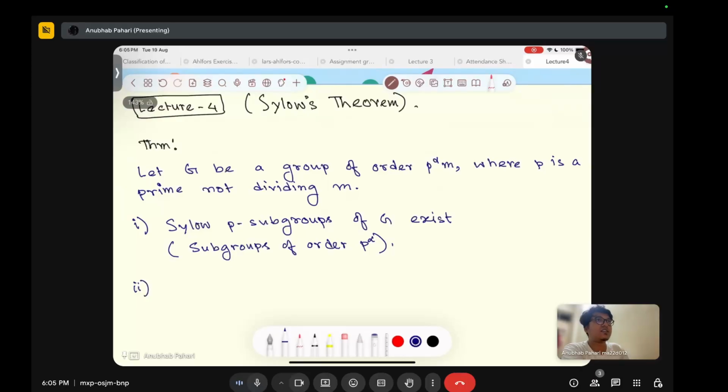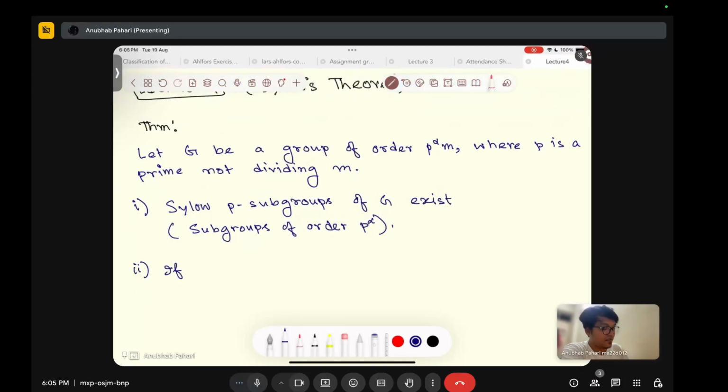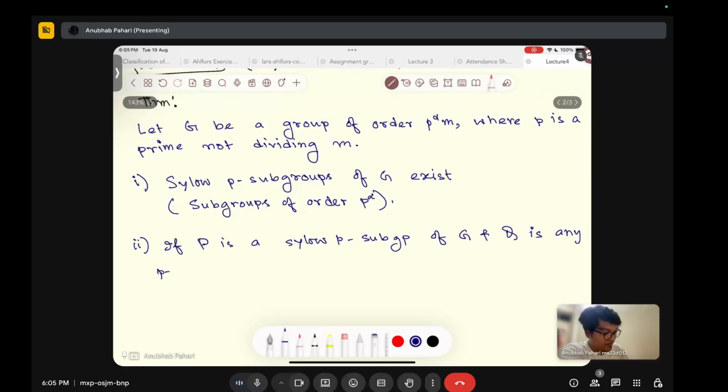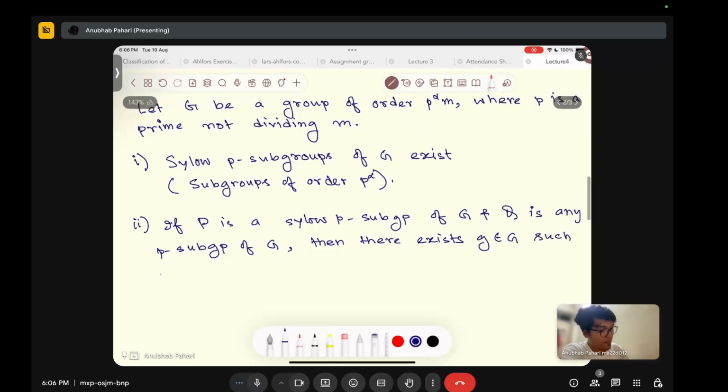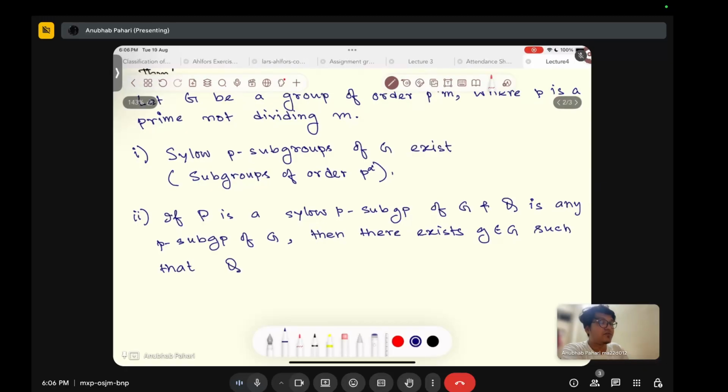The second Silo theorem says that if P is a Silo p subgroup of G and Q is any p subgroup of G, then there exists g belonging to G such that Q is contained in gPg inverse.